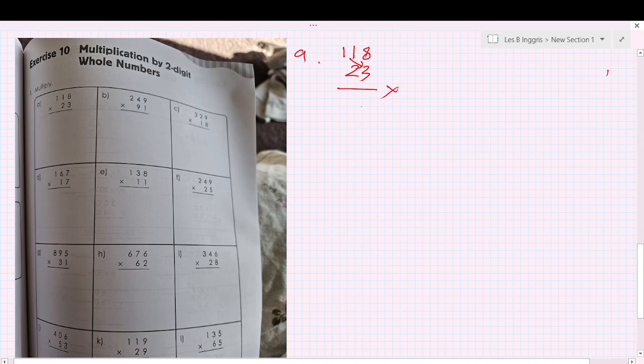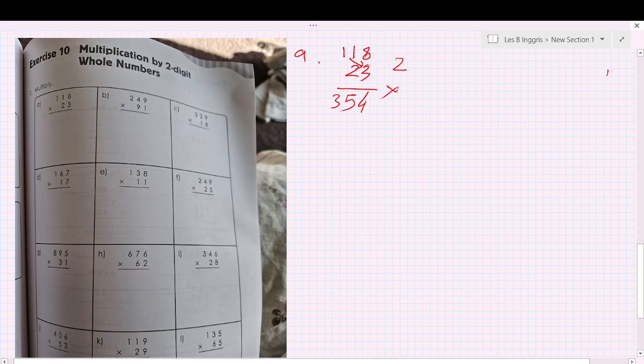First you multiply 8 with 3, you got 24. And you multiply 1 with 3, you got 5. And you multiply 1 again with 3, so you got 354 from the first ones. And the second, you multiply the tens with the hundreds.